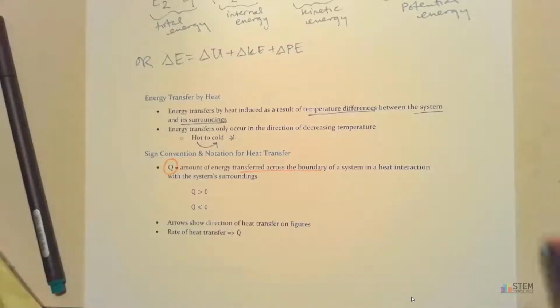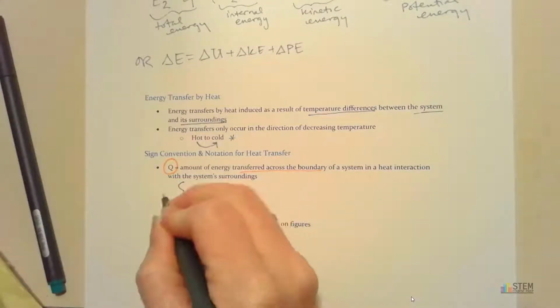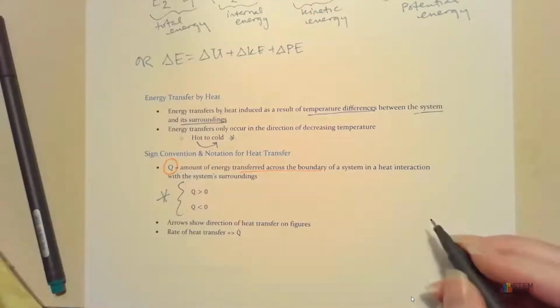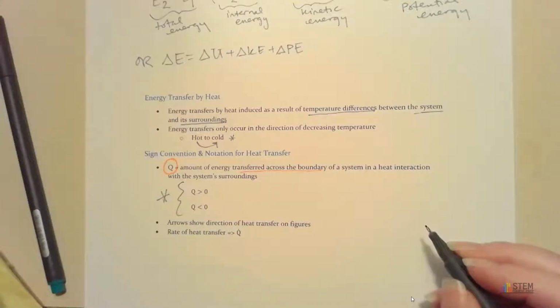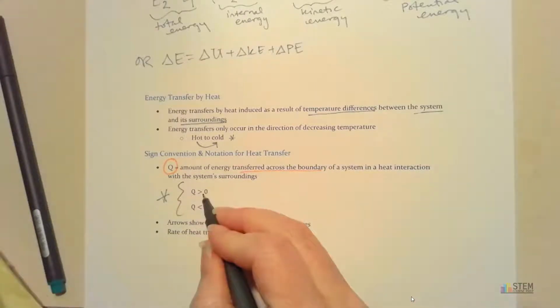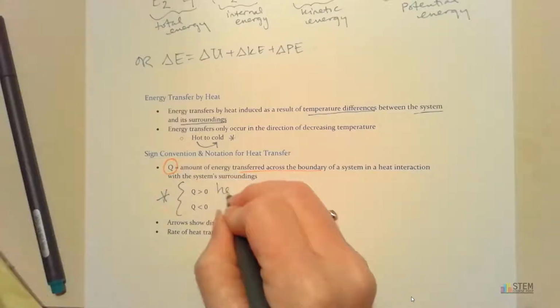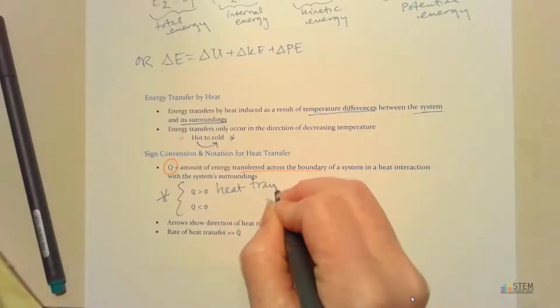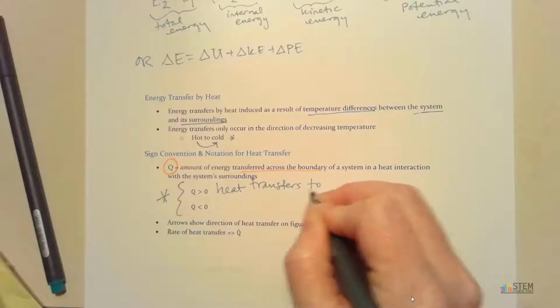Now we've got a sign convention that goes with this, and this is going to be one of those important things, just like the sign convention with work. So when Q is greater than 0, that means heat transfers to the system.